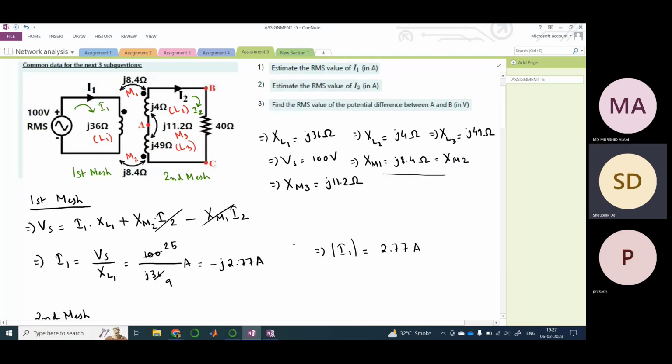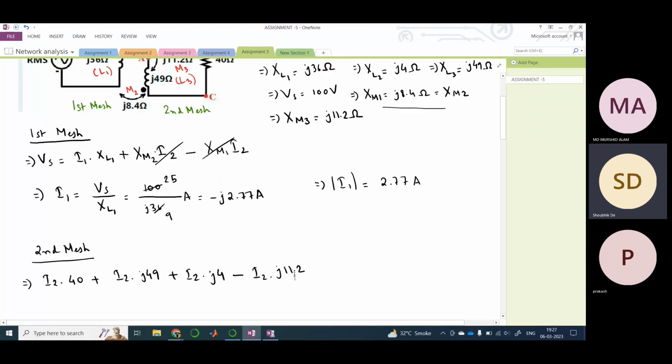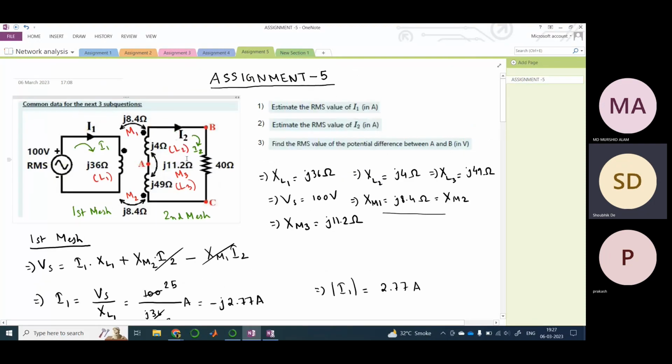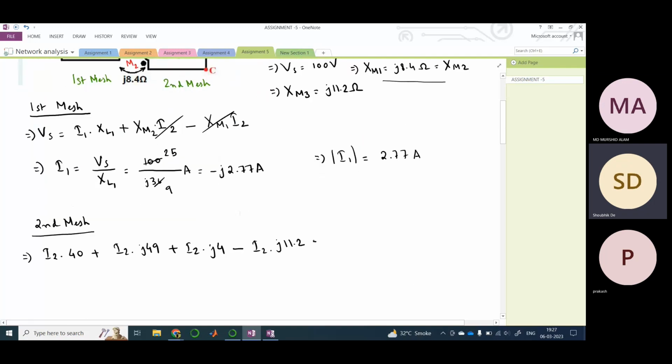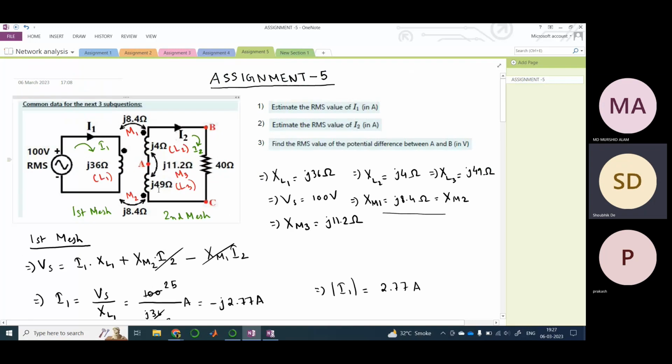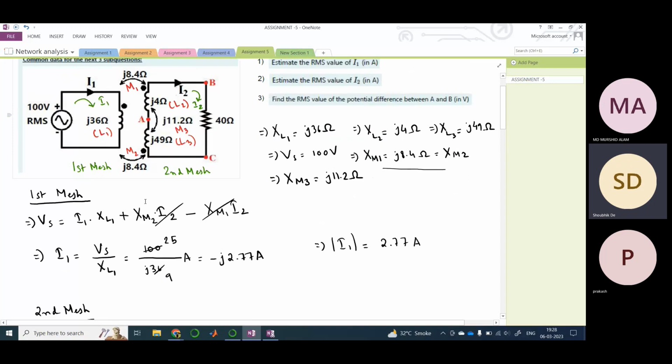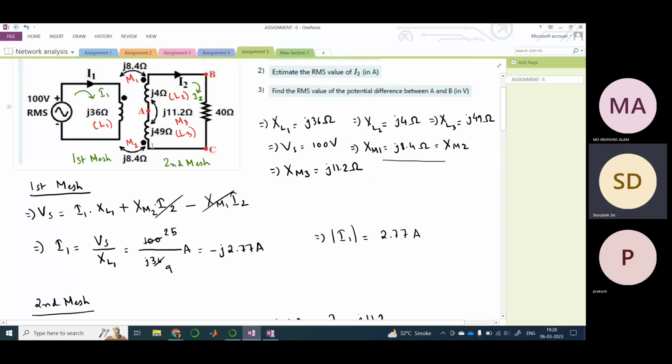Now this thing is due to inductor L3. Similarly, there would be another mutual inductance term due to inductor L2, and this is again the same, because the value is the same. Therefore, the same thing will again get repeated, J11.2. Now, what would be the mutual inductance between this J49 and this thing? This would be positive, because the current is flowing through this part, and the I1 is flowing through this part.